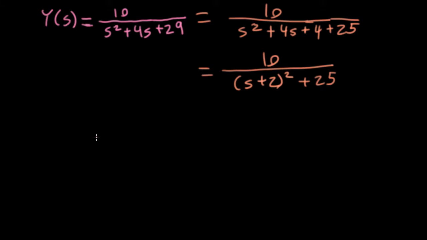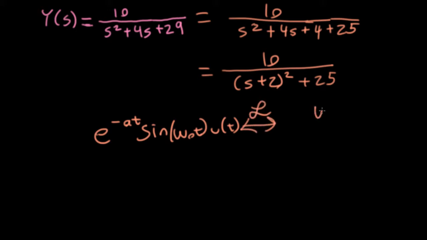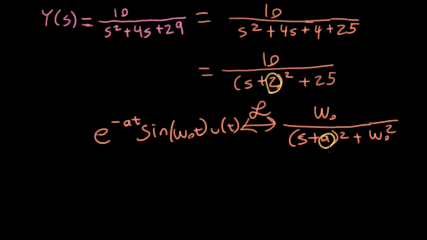And now I can remember that this is a Laplace transform we've derived previously that says e to the minus at sine omega naught t u(t) Laplace transforms into omega naught over (s plus a) squared plus omega naught squared. Okay, so I can match 2 up with a, so a equals 2.